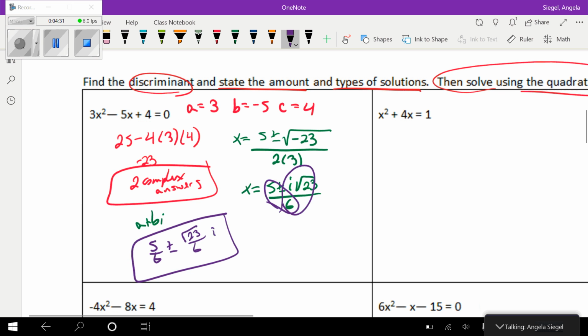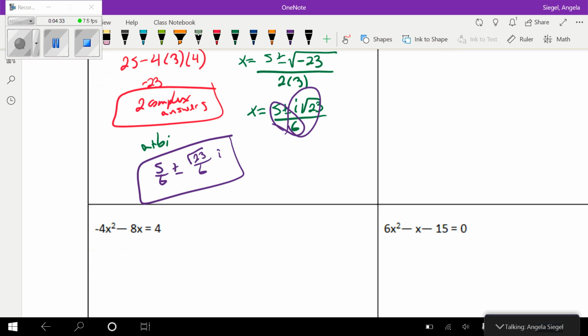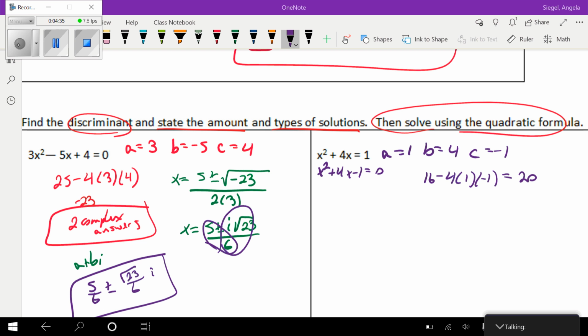Let's go ahead and do these next 3. See if you can do them on your own. So for this one, I found my discriminant as 20. So I'm going to say negative b plus or minus the square root of b squared minus 4ac, I already found that, all over 2a. So I can simplify that.